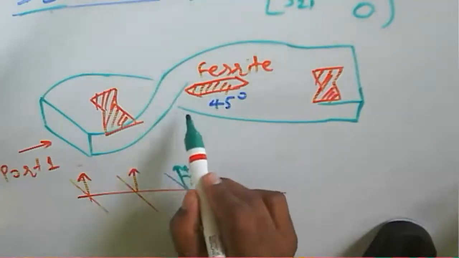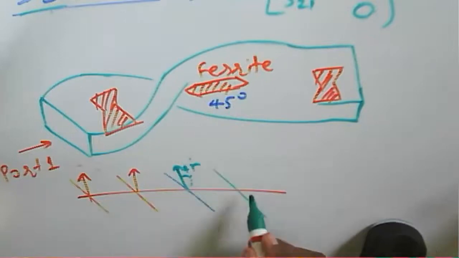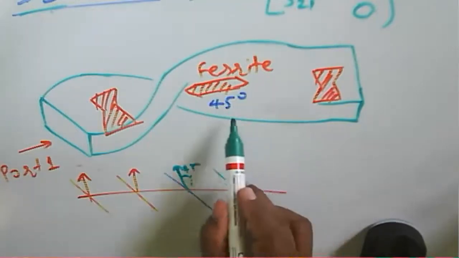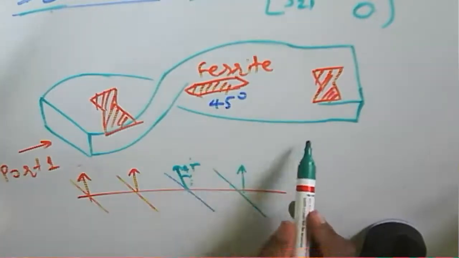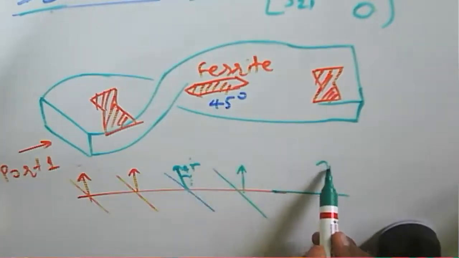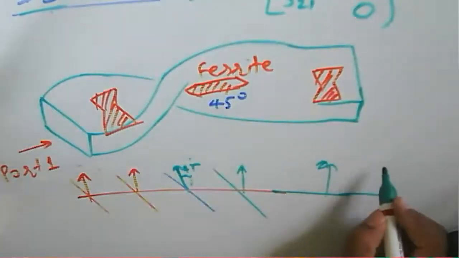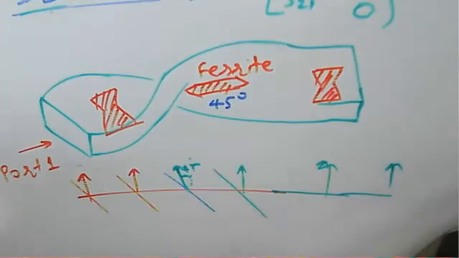Then when it passes through the ferrite rod, it will again retain the 45 degrees. And as it propagates at this particular sheet, we'll get the same signal at this particular point.